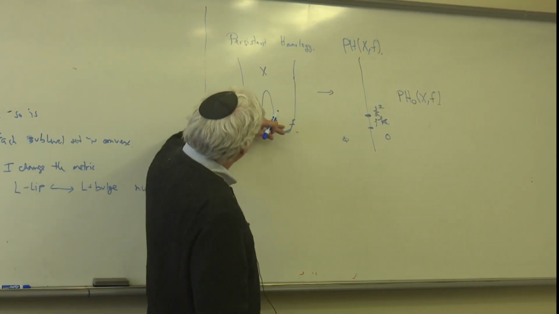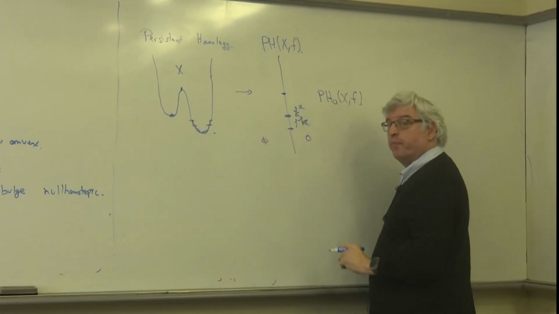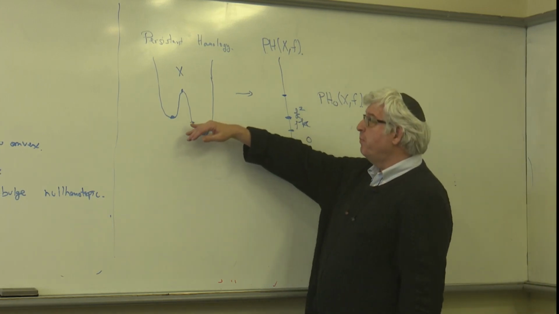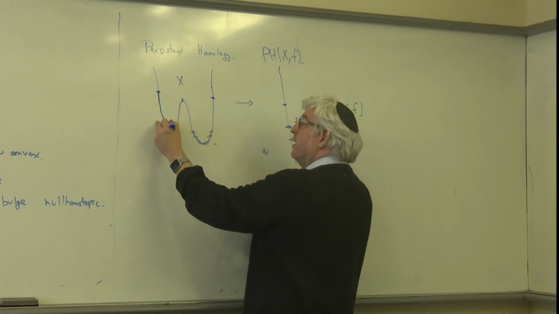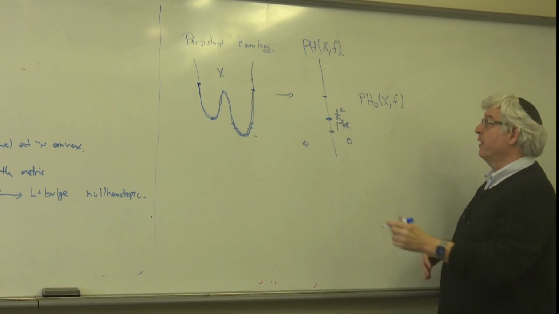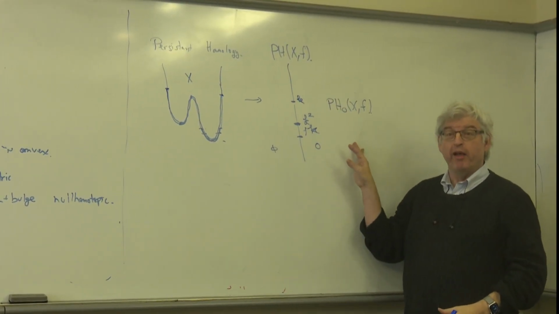Now you just keep on going until you hit the next critical point. And what happens there? Once I go above this level, I'm again connected. So above this level, I just have the vector space itself.